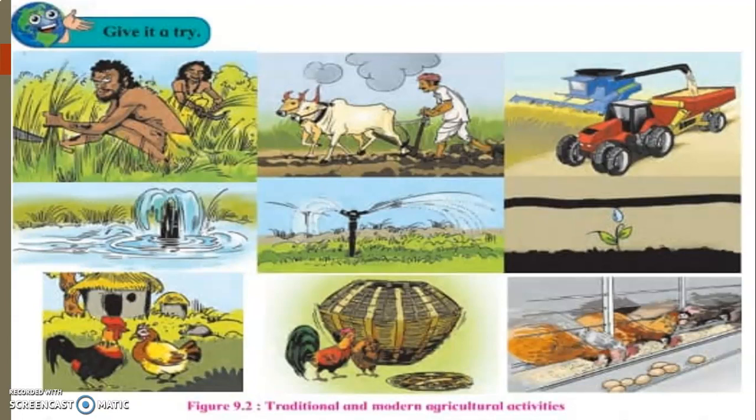Next below you can see how the water has been provided for irrigation, spring irrigation, drip irrigation, right? Various irrigation facilities which are provided. And in the last row you can see the livestock, that is hens and cocks are shown. So this is the livestock. So these are some traditional and modern agricultural activities which are shown in this picture.